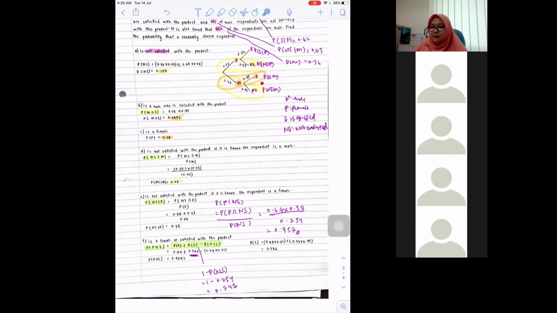Just multiply and plus, and minus the intersection of F and S. This is the intersection, it's written here from the tree diagram, right? F and S, this part here. 0.64 times 0.62. So after you do this, you can get the answer.